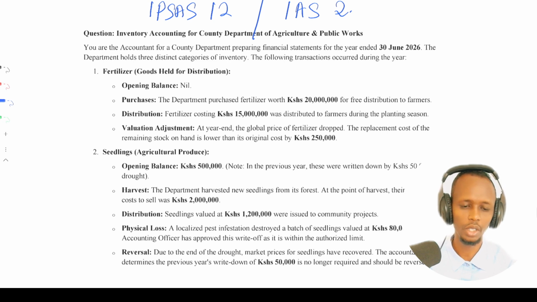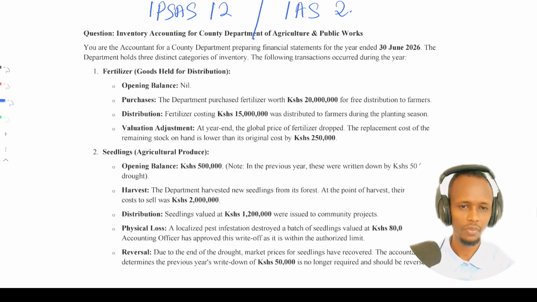So what's inventory? Inventory can be defined as an asset held for sale or distribution in the ordinary course of operations. Inventories can also be defined as assets in the process of production for such a sale or distribution. So basically those are the work in progress.